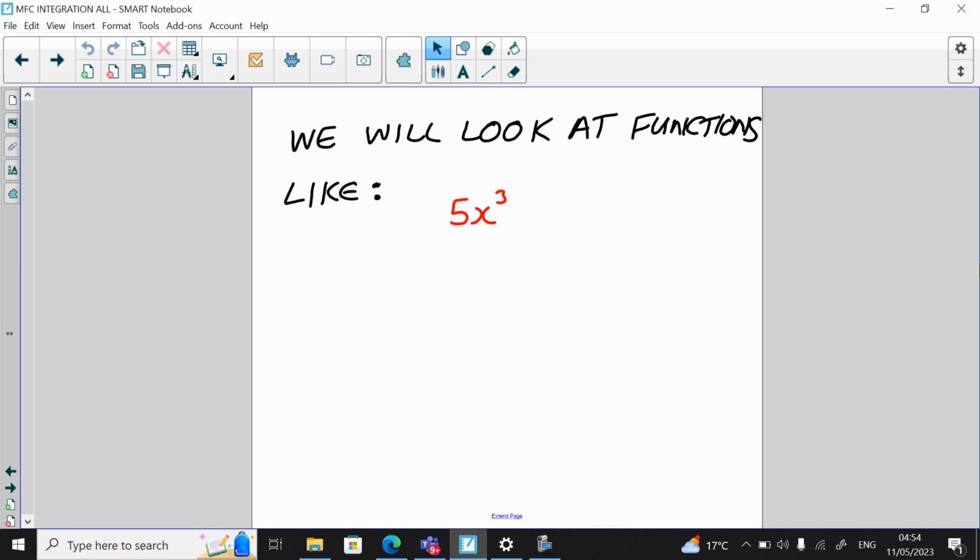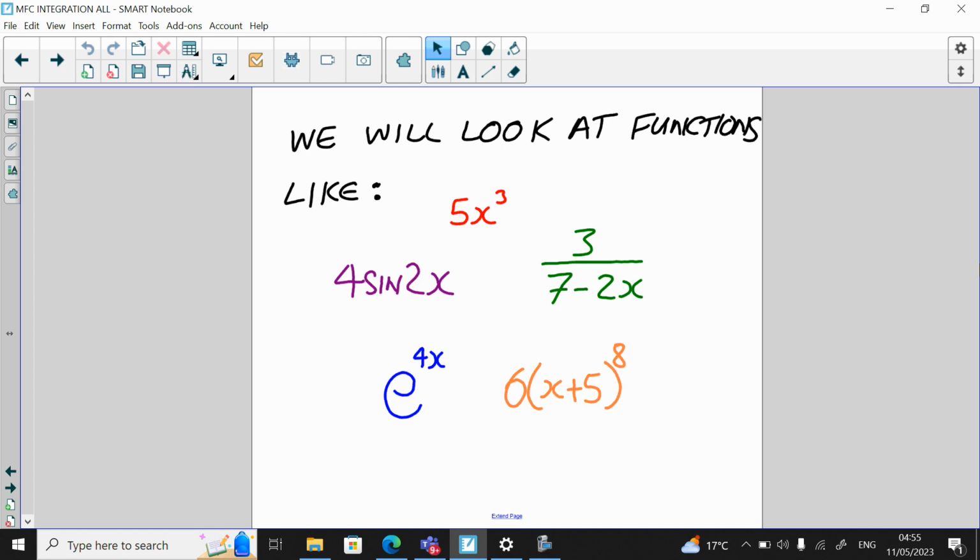So we'll be looking at things like ax to the n, 5x cubed. What we've got here is a constant over a linear function, or a rational function, whatever you want to call it. Trig functions, natural exponential functions, and another type of polynomial where the stuff in the bracket is always a linear function.